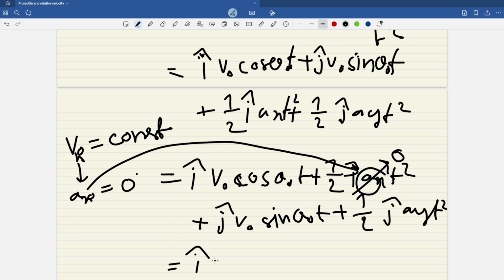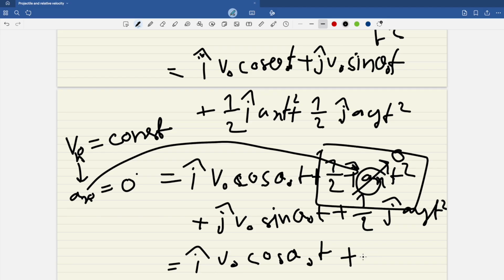So i v naught cosine theta naught t exists, but this vanishes. And basically what remains is j v naught sine theta naught t plus half j vector ay t square.